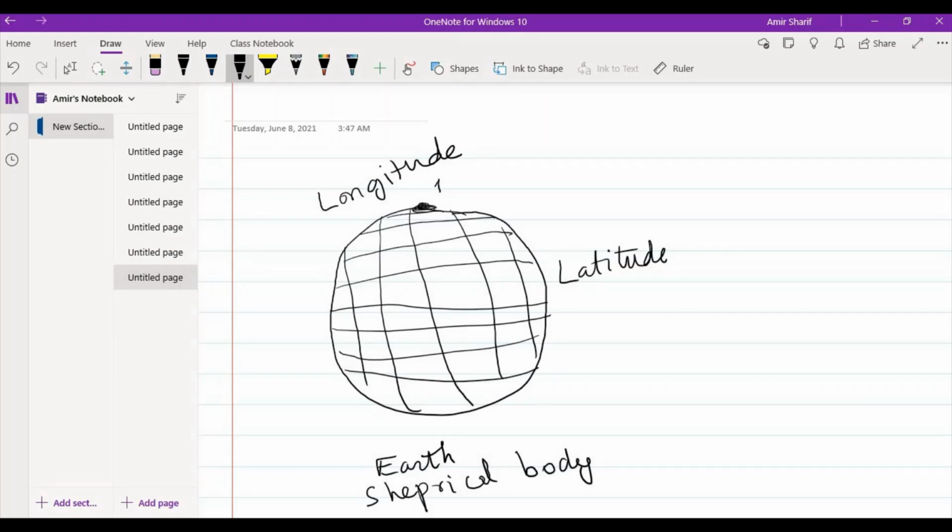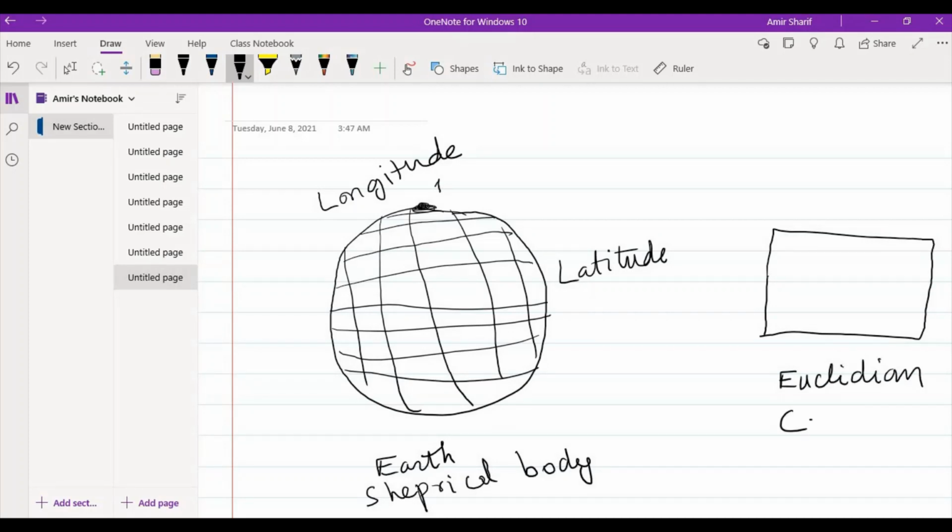Let's compare it with the Euclidean. This we draw here, Euclidean configuration space, and this is the spherical C-space here. So here we have no such problems, the coordinates change smoothly in every direction.